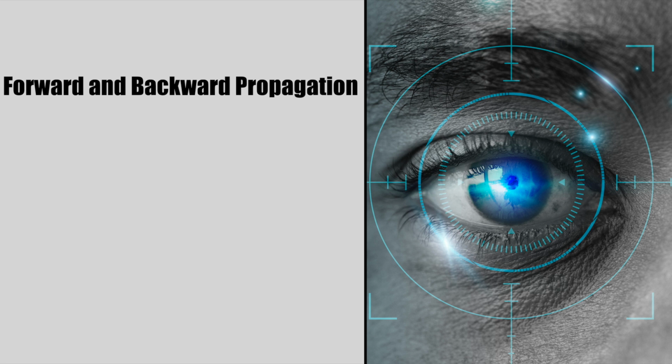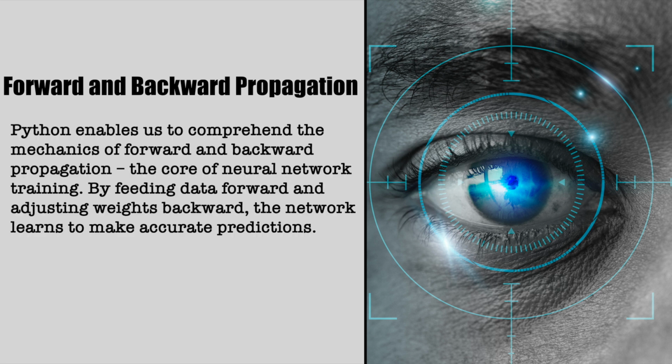What are forward and backward propagation? Python enables us to comprehend the mechanism of forward and backward propagation, the core of neural network training, by feeding data forward and adjusting weights backward. The network learns to make accurate predictions.